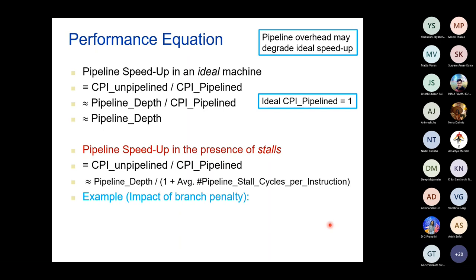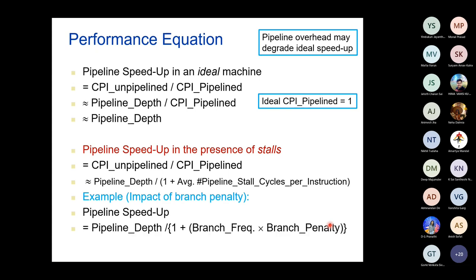Given that, can I write that the pipeline speedup that takes care of this branch penalty is given by pipeline depth divided by 1 plus the average number of pipeline stalls per instruction? That would be in case of branches.